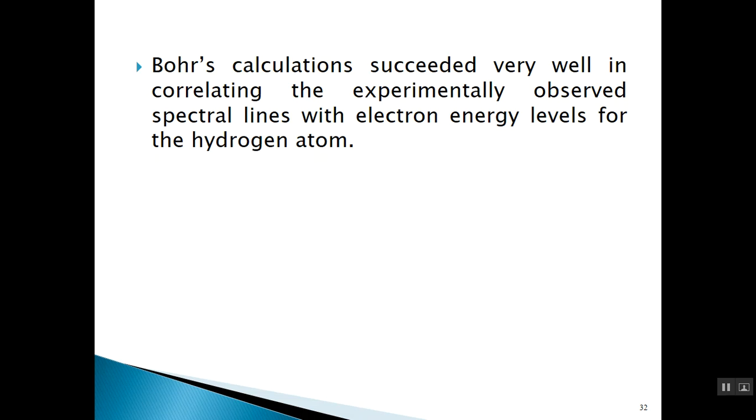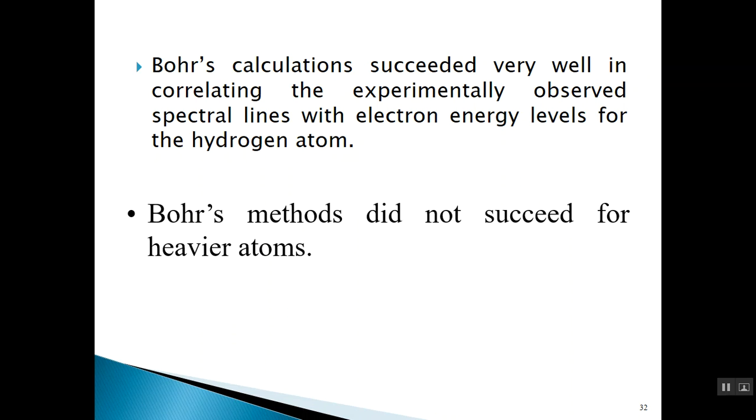All right. Now, Bohr's calculations succeeded very well in correlating what is observed experimentally with the energy levels for the hydrogen atom. But there's one problem, and the problem is that for heavier atoms, this model does not work well. And the main reason why it didn't work well is because for other atoms, you have more than one electron.